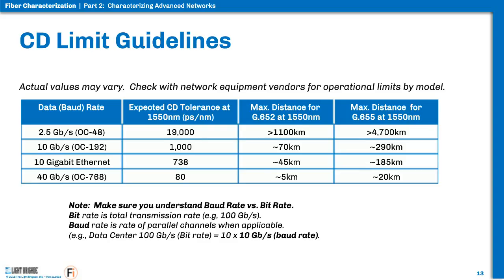In a 100 gig environment, you would have either 4 by 25 gigabit per second channels, or 10 by 10 gigabit per second channels to make up the 100 gig. So you would be testing to the baud rate, or that lower level rate that makes up each of the individual parallel channels, versus the total rate, whereas in the case of a line side network, 40 gig is actually 40 gig, for example.